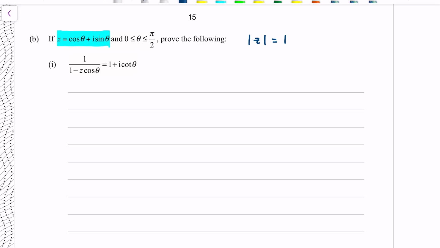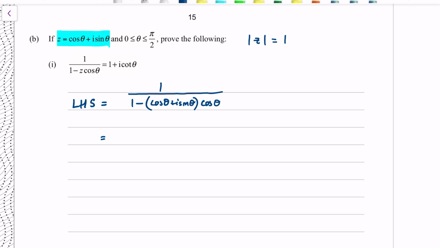Okay, so what we can do is just substitute that z complex number into the problem, and we set out a proof like this. Left-hand side equals 1 over 1 minus, and then we've got to be careful of our integers here, we've got cos theta plus i sine theta subbed in, multiplied by cosine of theta.